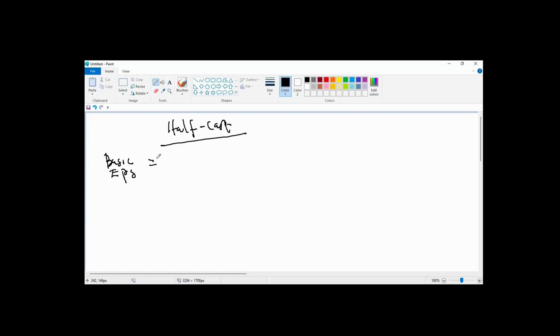Let's go to the workings. As of the beginning of the year, it had 3 million equity shares outstanding for opening balance. Shares issued: 3 million.